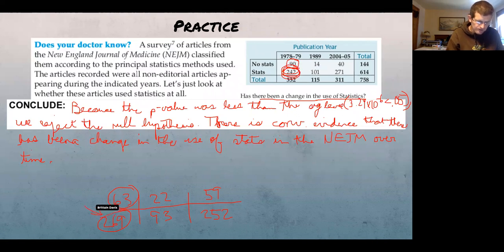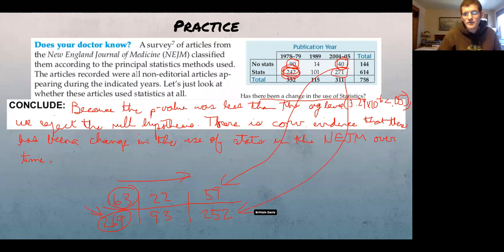So now we flash forward in time to 2004, 2005. There are fewer articles without stats than we would have expected. And there are more articles with stats than we would have expected. So you could just compare your observed to expected. Now that we know there's a statistically significant difference, you could do further analysis if it asked you to. All right. And 1989 was pretty close to being spot on with what they would have predicted.